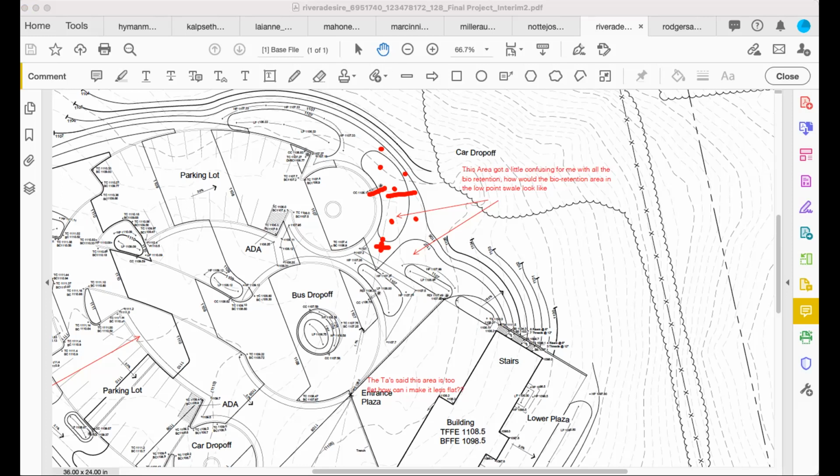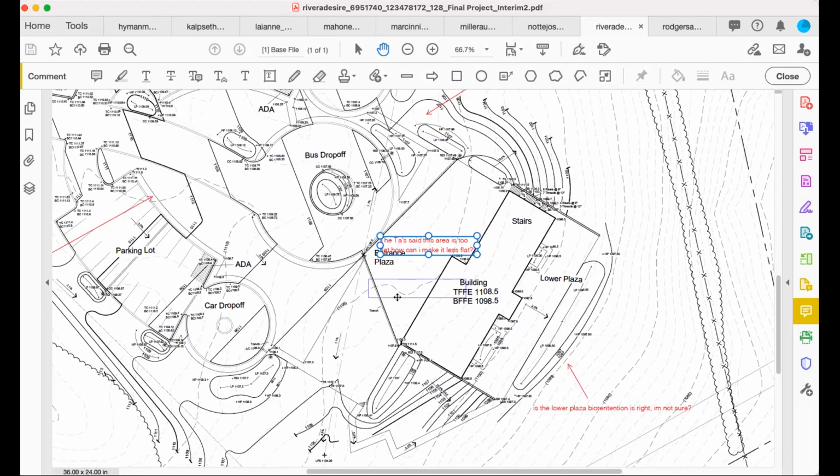This area is too flat. How can I make it less flat? You add one more contour. So if this is your, I'm trying to find your center line here. Yeah, that's your, not center line, ridge line, sorry.